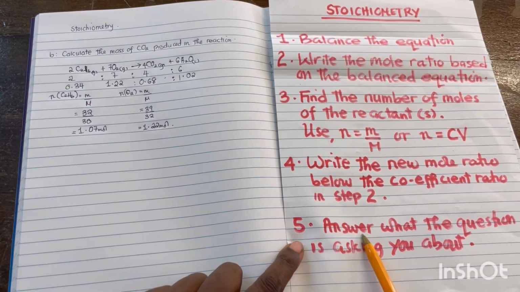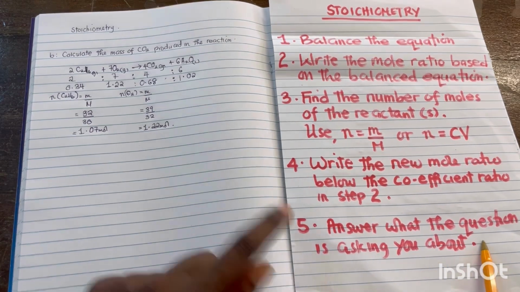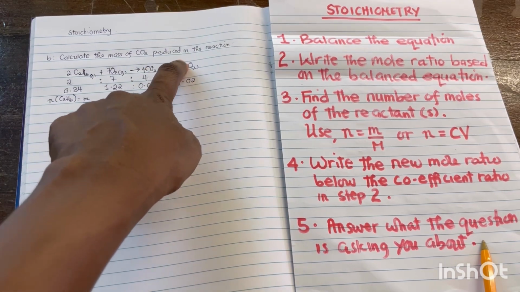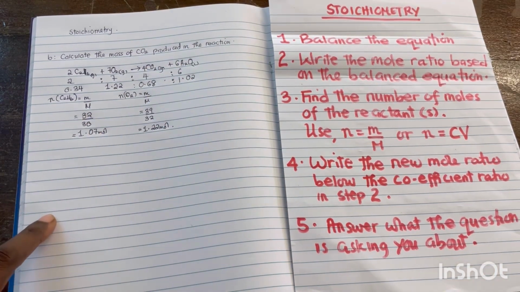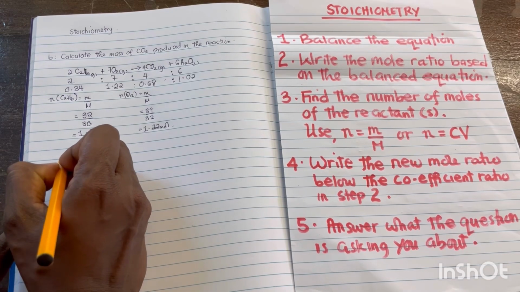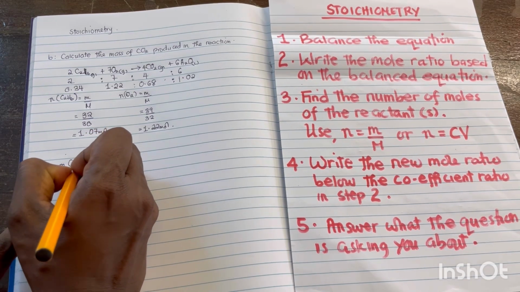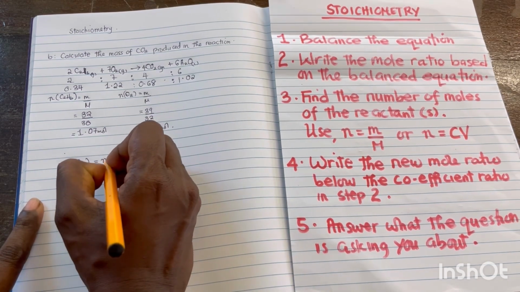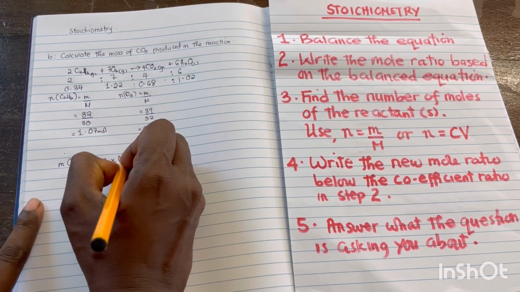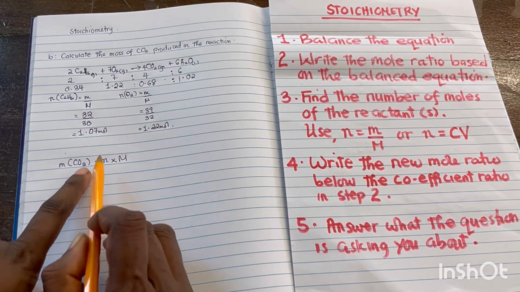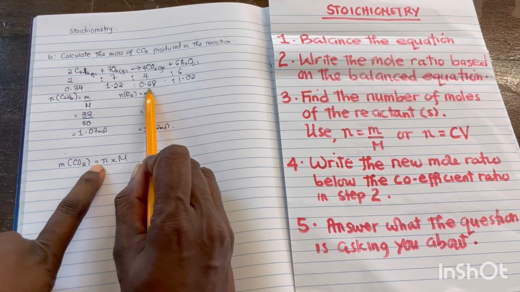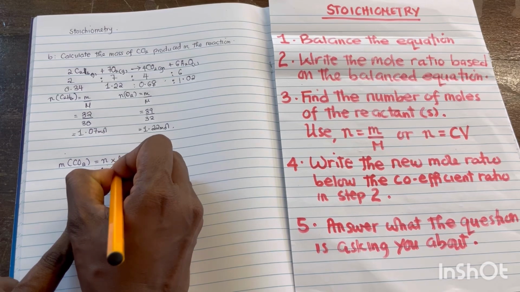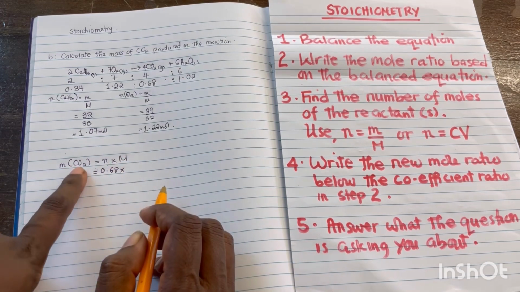Step number 5, answer what the question is asking you about. So our question here is calculate the mass of carbon dioxide produced in the reaction. So we are using mass of carbon dioxide is equal to number of moles times the molar mass of carbon dioxide. Our number of moles for carbon dioxide according to our mole ratio is 0.68, times the molar mass of carbon dioxide.